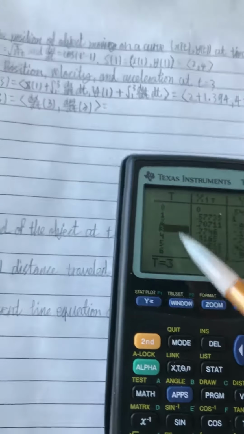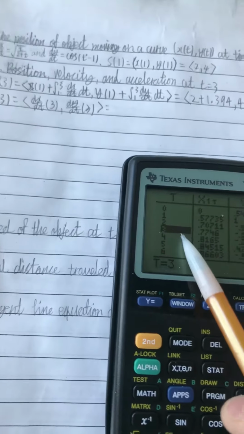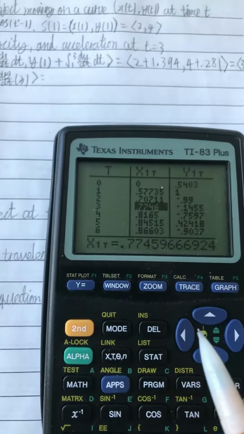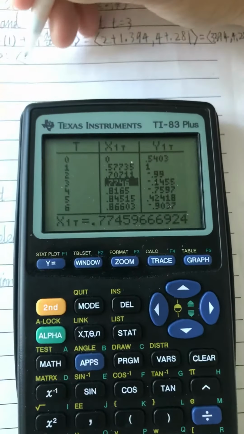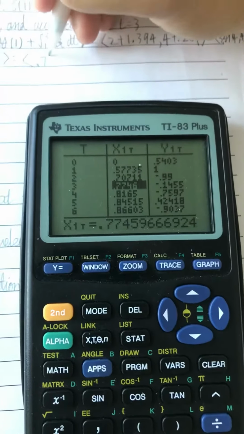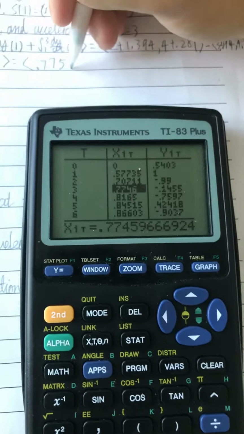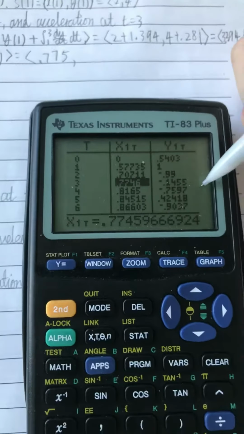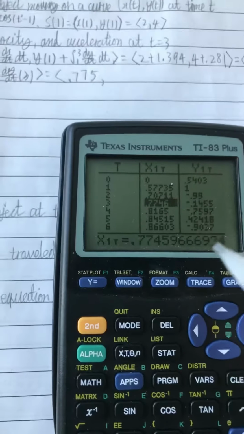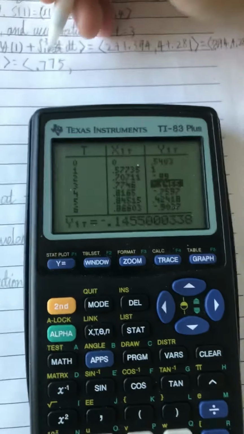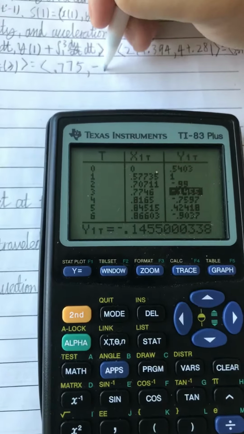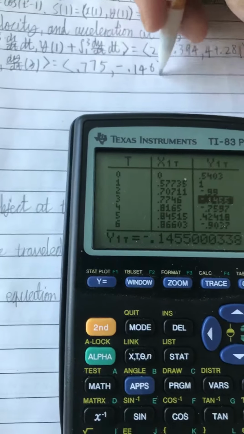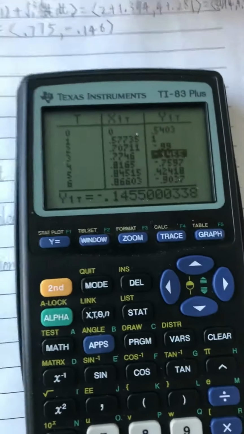Since we want to find dx/dt and dy/dt at t equals 3, we look at t equals 3. We know dx/dt at t equals 3 is 0.775, let's round up to 0.4. Also, we know that dy/dt at time equals 3 is negative 0.14, let's round up the 5 to 6. And here's what we have for the velocity.